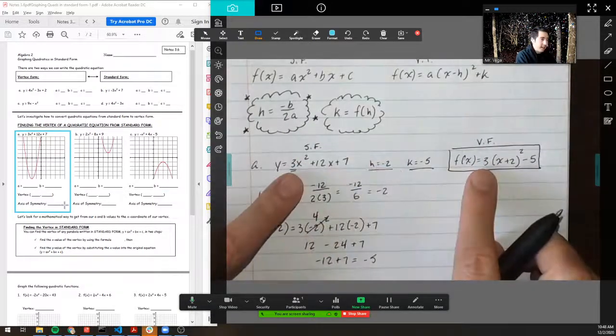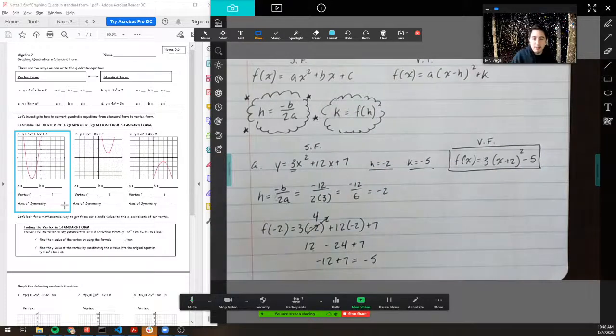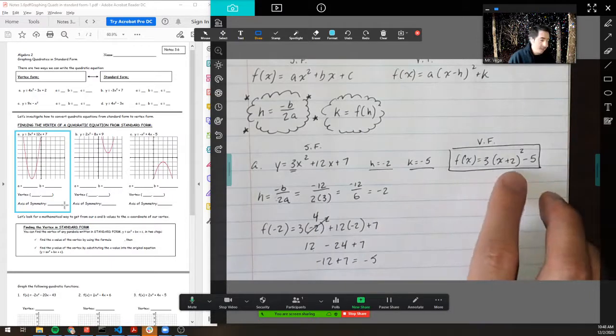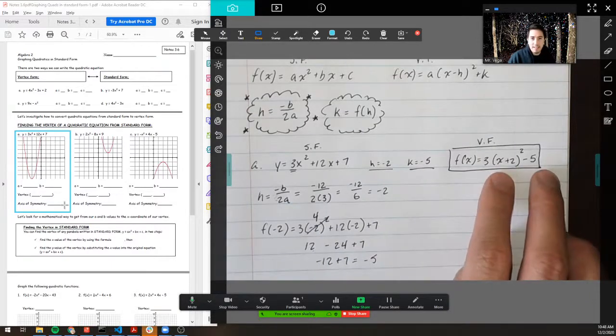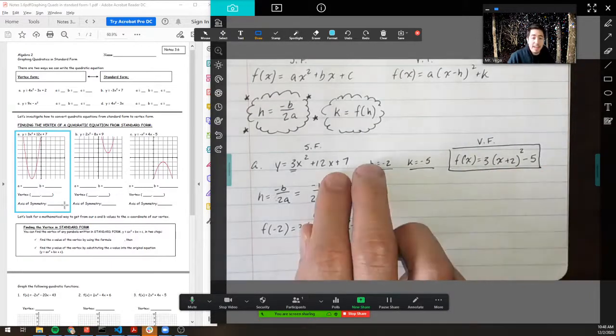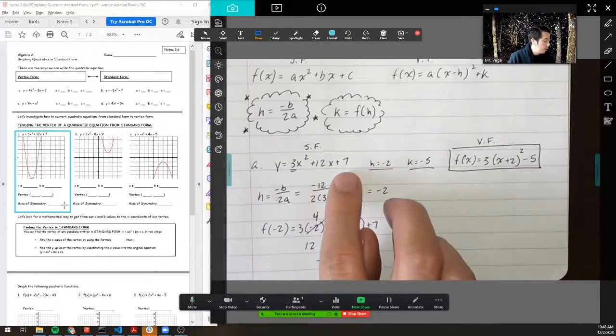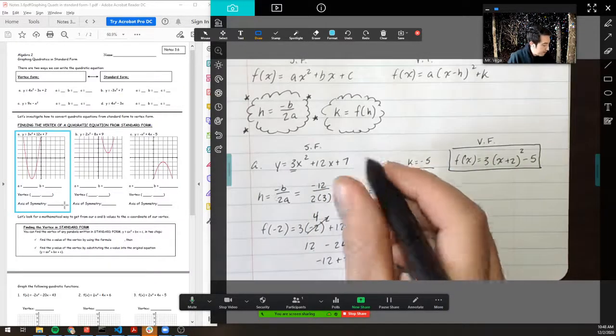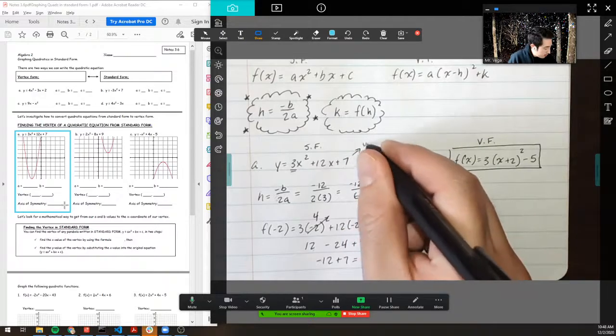They're the same thing. The subtle difference between the two is that in vertex form, I can tell the vertex immediately. I know the vertex here is at negative 2, negative 5. With standard form, I can't tell that immediately. One thing is that the c value here is the y-intercept.